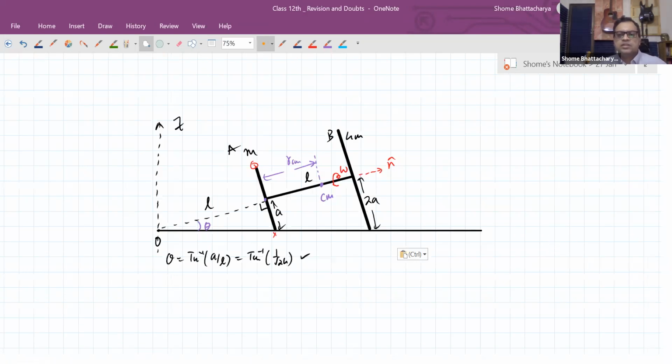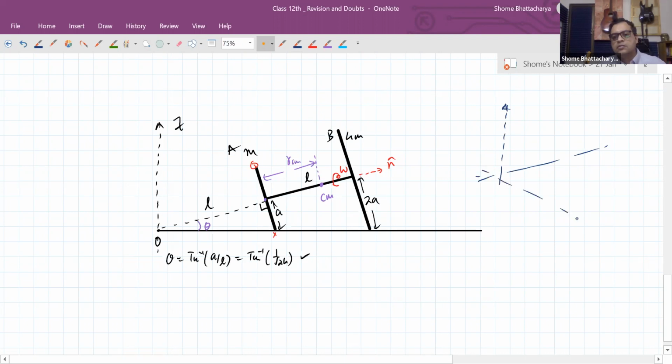So if you take a slightly three-dimensional diagram now about the z-axis, you have these two wheels. They are doing this, like, this point of contact is going around like this, and this point of contact is going around like this, and the center of mass of the system is also going around like this in a circular path.